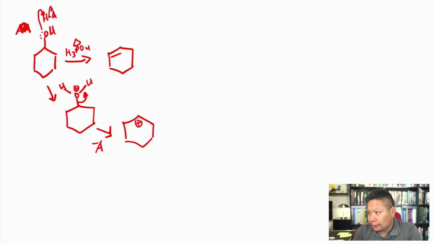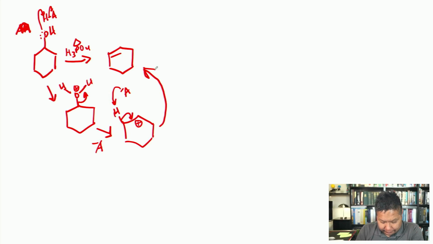Then a proton over here can get deprotonated by the conjugate base, and the electrons go down towards the carbocation, and we end up with the cyclohexene. Good stuff. So the dehydration reaction is quite simple, and that's what you'll be doing today in lab.